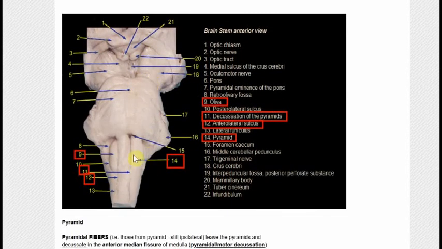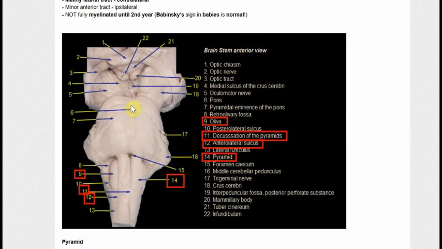So here I put the pyramids. So this is the medulla. This is the pons. And here is the optic nerve, the optic chiasm. I think those are the main landmarks that you have to remember for the brain stem.